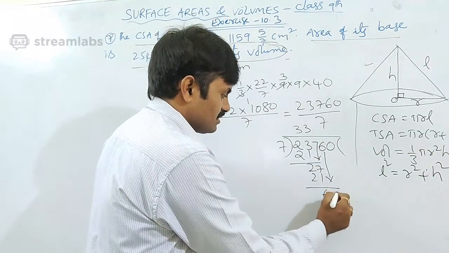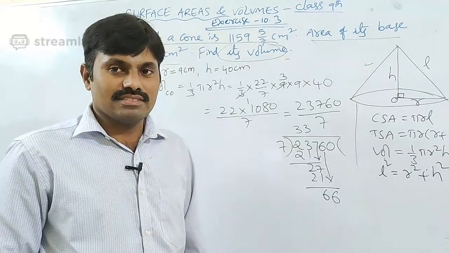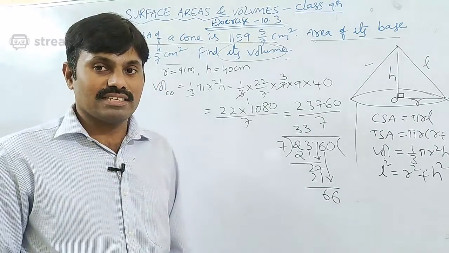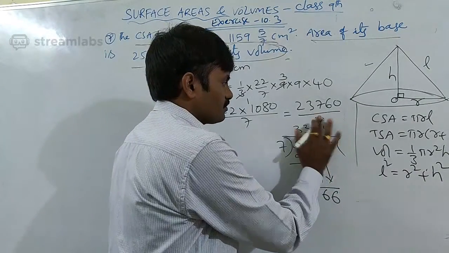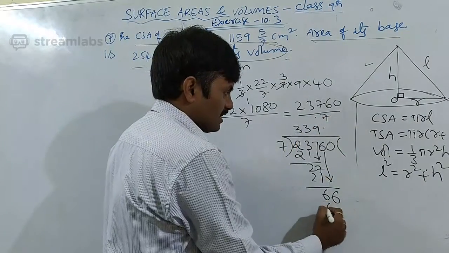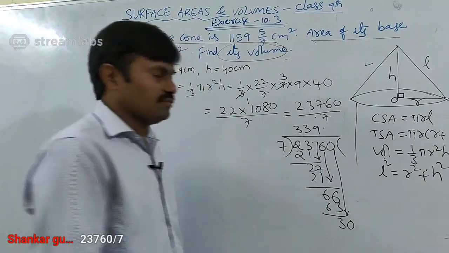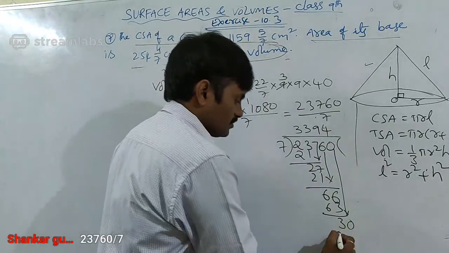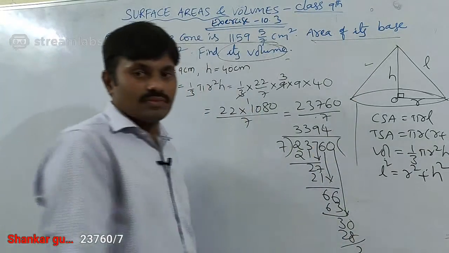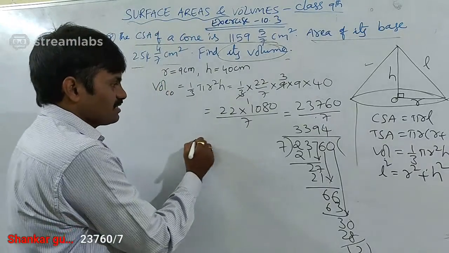Bring down the next digit 6, 66. 7 9s are 63. The difference is 3. Next bring down the last digit 0. 7 4s are 28. So the difference is 2. So finally how much did we get here? The difference is 2.